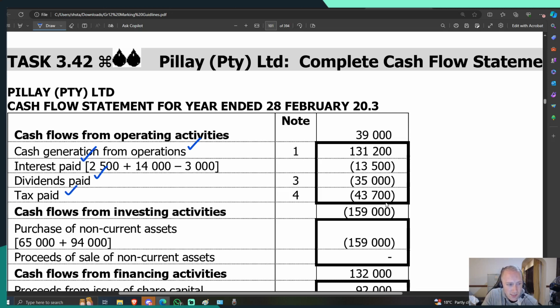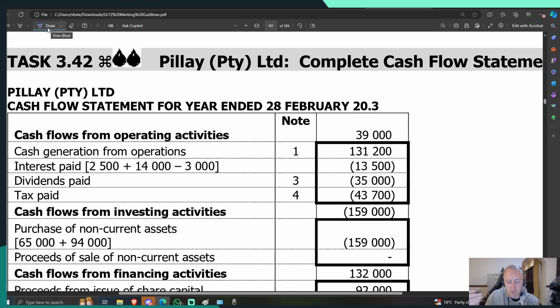So these interests and dividends and taxes are listed separately from our cash generated from operations. Therefore, we cannot include those figures in the cash generated from operations, or we'll be including them twice. We'd be doing it once in the cash generated from operations, and then again when we do interest paid, dividends paid, taxes paid. We don't want to duplicate the information.